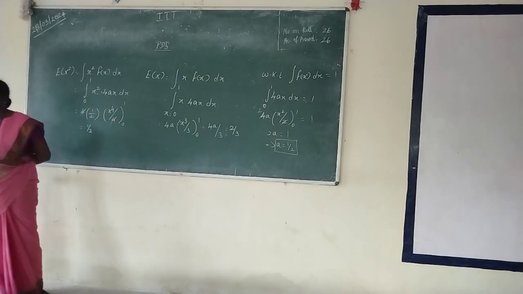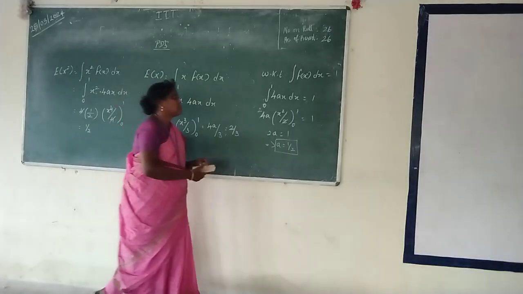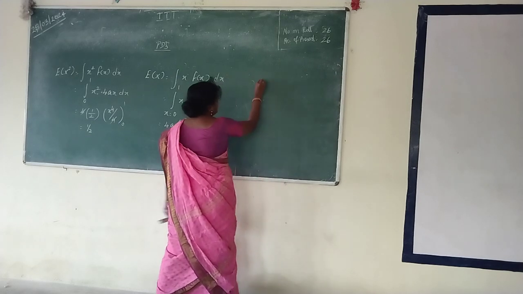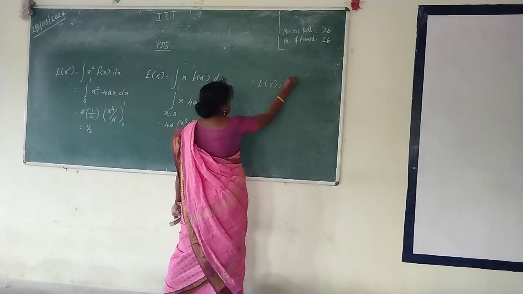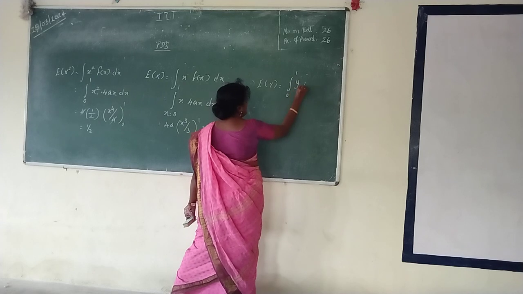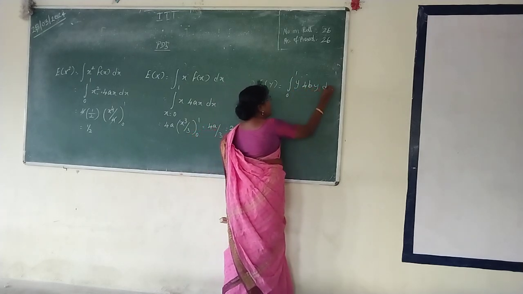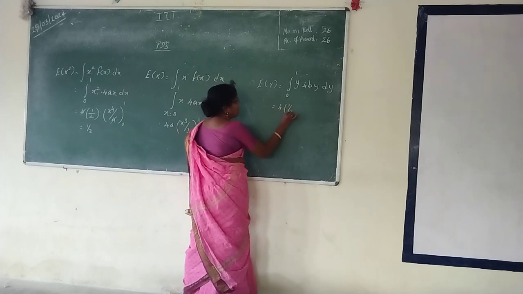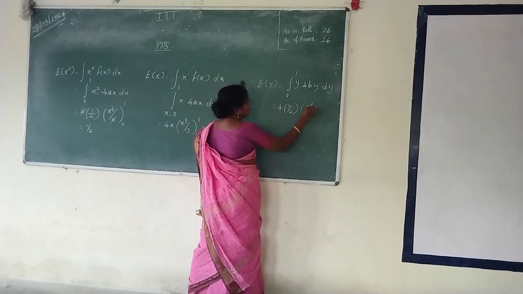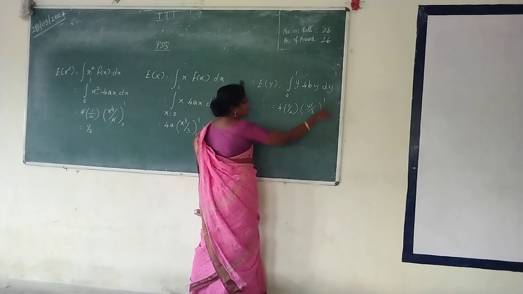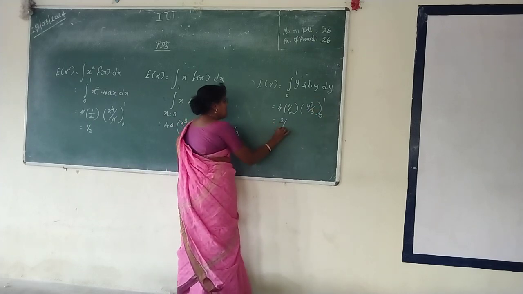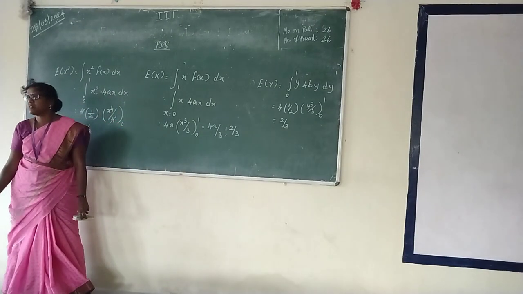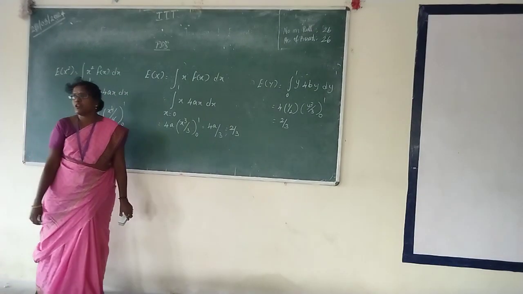Similarly, E of y equal to integral 0 to 1 y into 4by into dy. That is equal to 4 into 1 by 2 into y cube by 3 within the limit 0 to 1. You will get the answer as 2 by 3. The same steps are copied, with y instead of x. Similarly, E of y square.